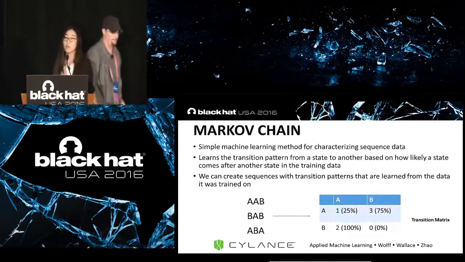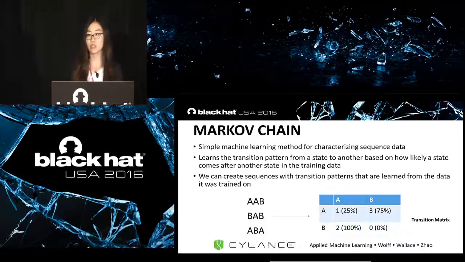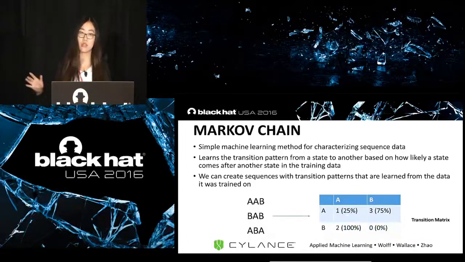So what a Markov chain does is remember the pattern of a sequence. A sequence here can be a sequence of words, sequence of events, sequence of phenomena. So it will remember the pattern of how this sequence transits, like which event will be more likely to follow which event.